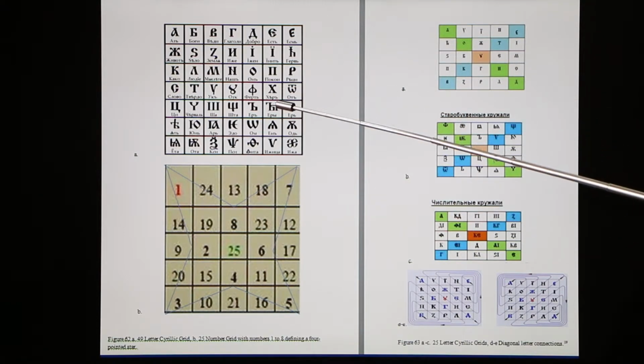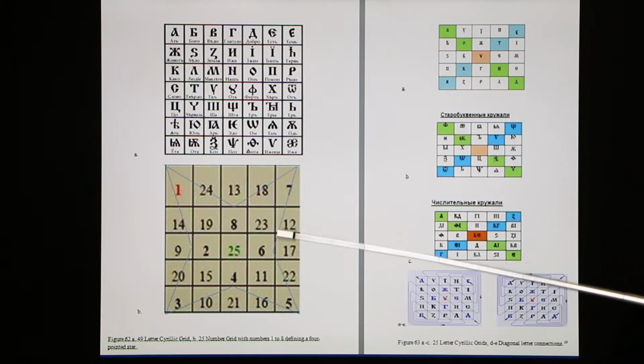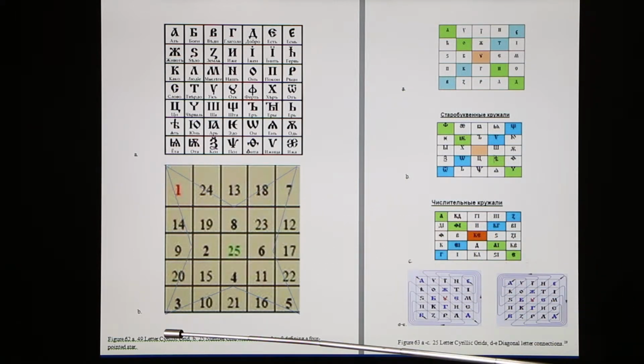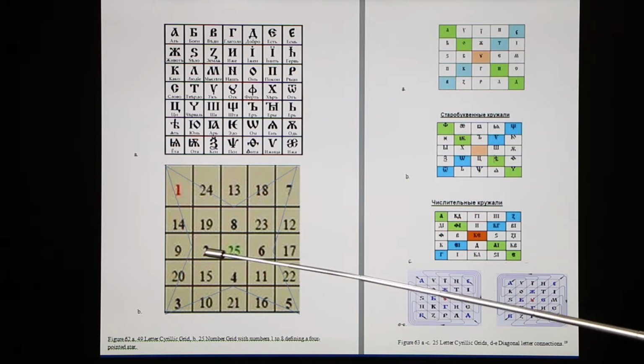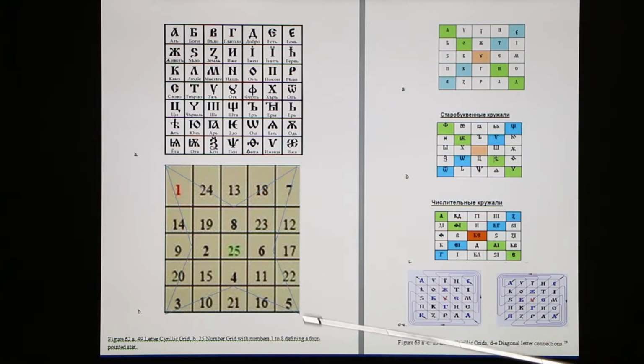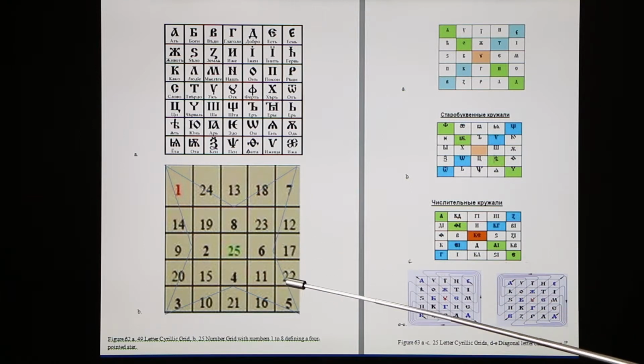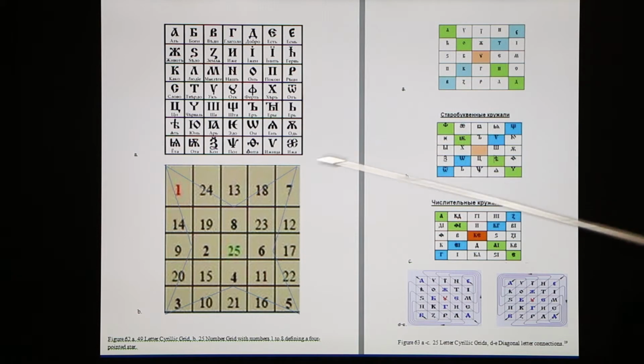Or I can take a 7 by 7 grid or a 5 by 5 grid and now join lines 1, 2, 3, 4, 5, 6, 7, 8, and I create a star. Which then links up with certain numbers.